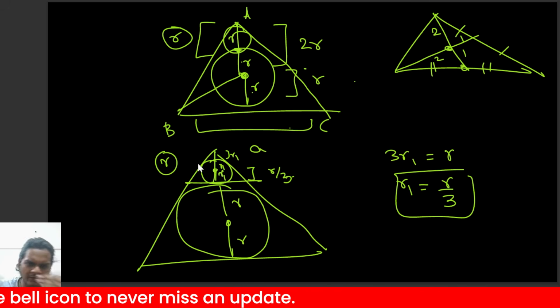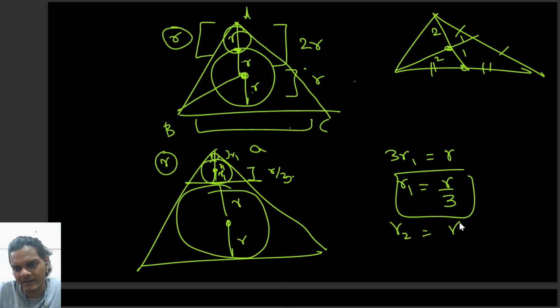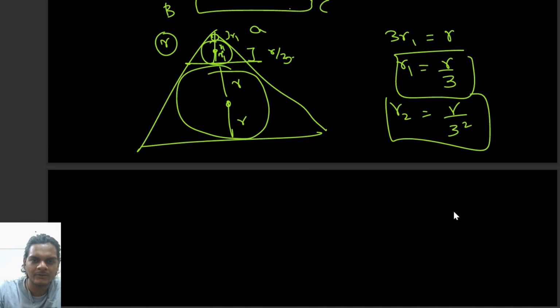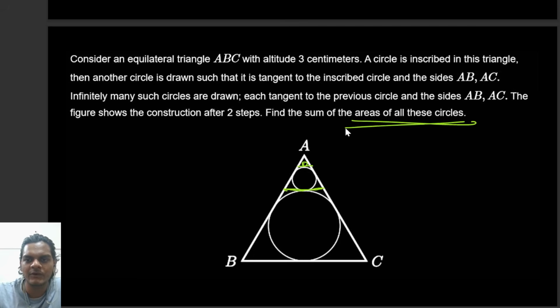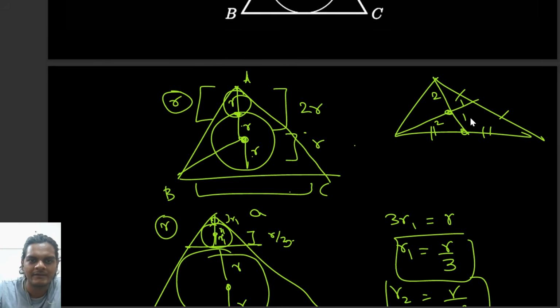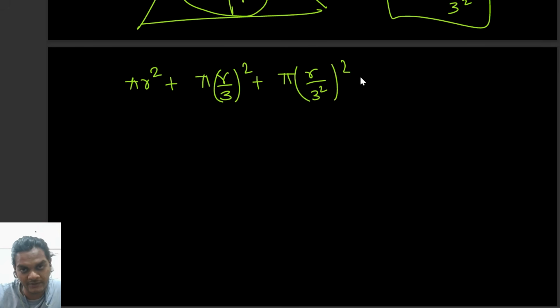And so on and so forth. The same cycle continues. So R2 will be R by 3 square and so on, right? So what do we want exactly? We want the sum of the areas of all these circles. So that will be pi R square plus pi (R by 3) square plus pi (R by 3 square) square.